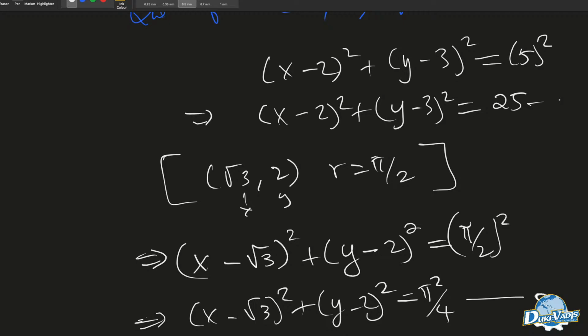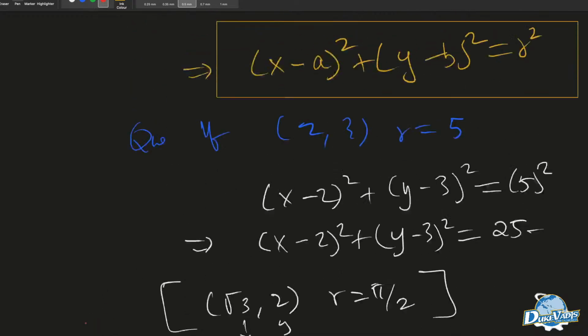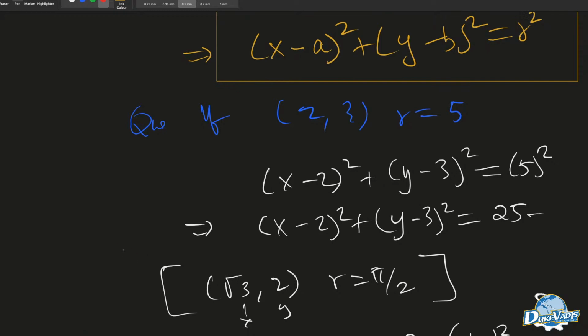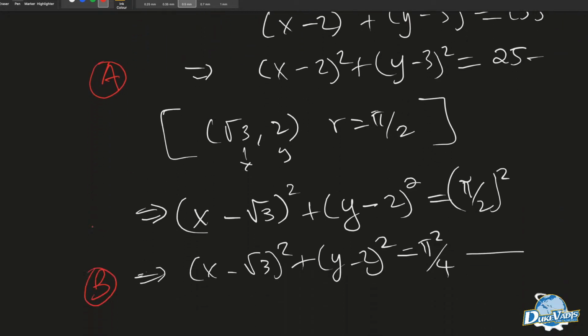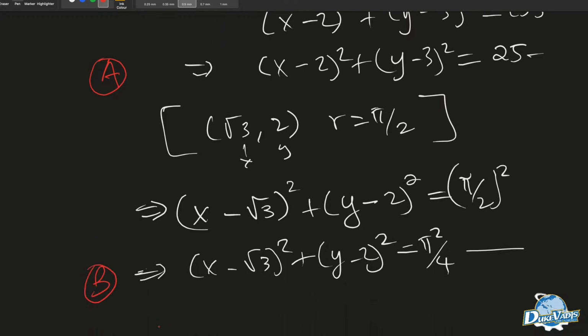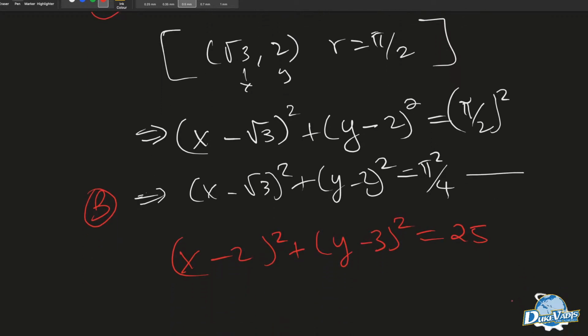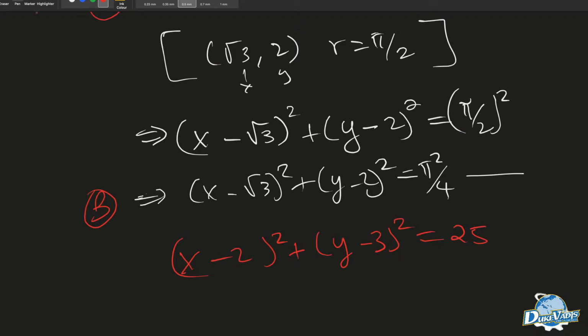Now, looking at this one, let's call this one B, and let's call the one we derived here as A. Now, for the A, we have x minus 2 squared plus y minus 3 squared is equal to 25, which is also the equation of a circle.